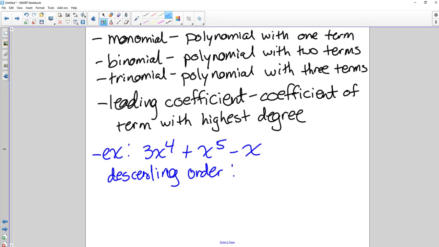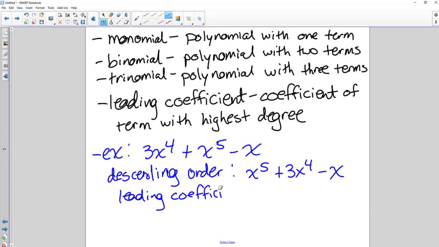In this case, I have three terms. x to the fifth needs to come first. Then plus 3x to the fourth, and then minus x. Okay, so now it's in descending order. Let's pick out the leading coefficient, that definition we just talked about. Since I put it in order, I can see that x to the fifth has the highest degree. It's the term with the highest degree. There's nothing there in front, so remember that's like a leading coefficient of 1.